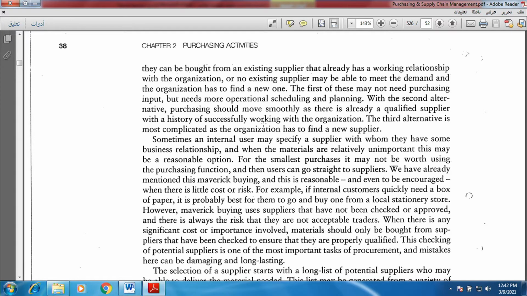And this happens when we are selecting an alternative, a supplier who is qualified enough to provide us with what we need, especially when we are moving to new products or new markets or new customers, or finding new materials. These things are specifically available with specific suppliers.